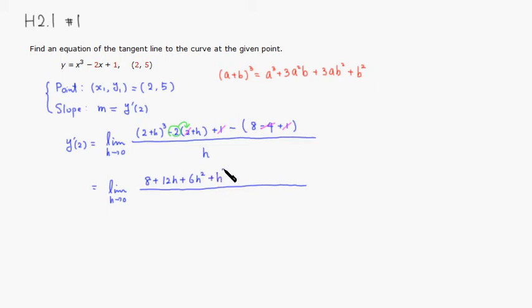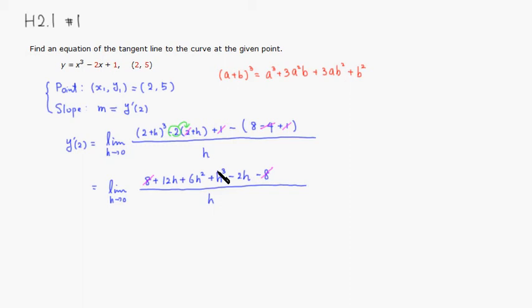Then we still have negative 2h here, then we still have minus 8. Then try to simplify as much as possible. We can get rid of 8 and 8, and there's an h on the bottom.